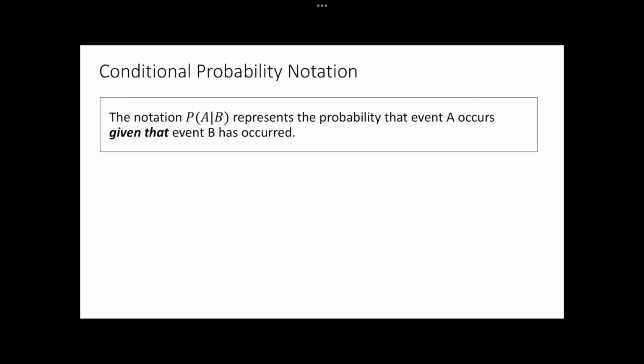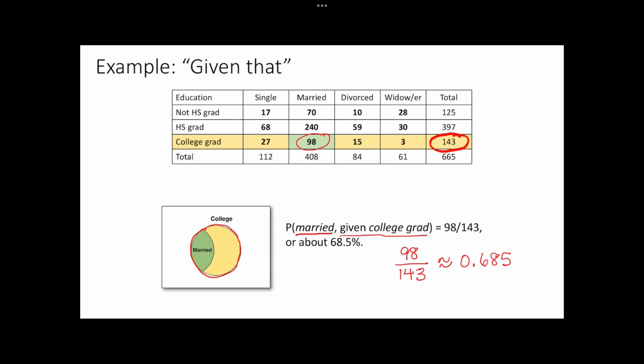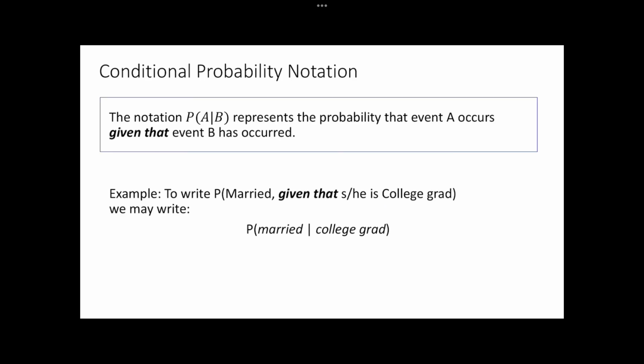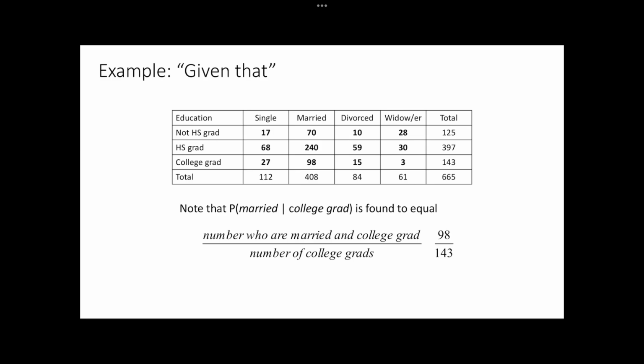Here's the notation that we're going to use for conditional probability. We draw this line between A and B, and that reads as the probability of A given B. Okay, so the thing that comes second is what you are given. Here we would write probability of married given college grad. Let's look at this example.